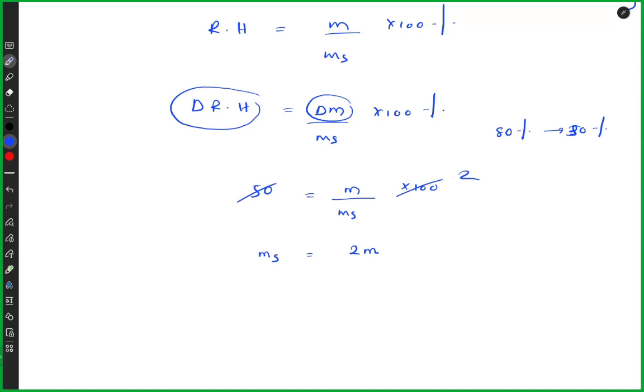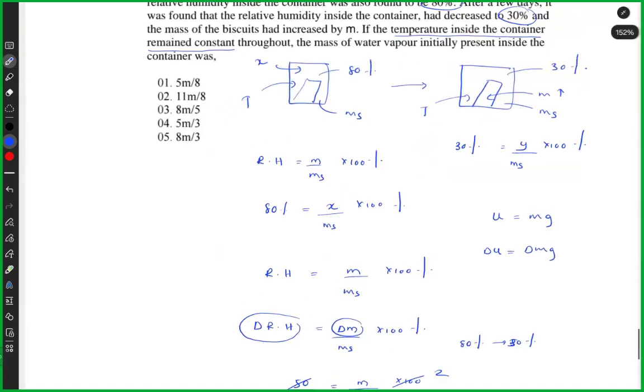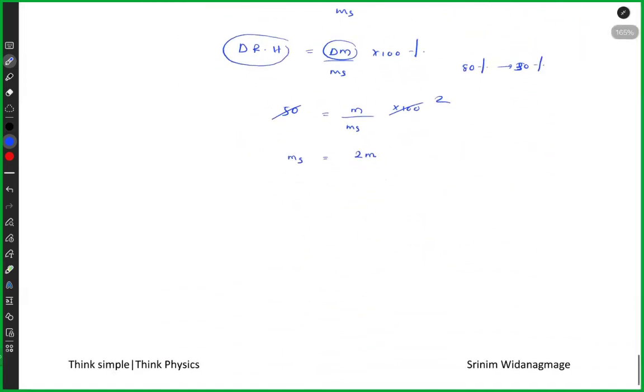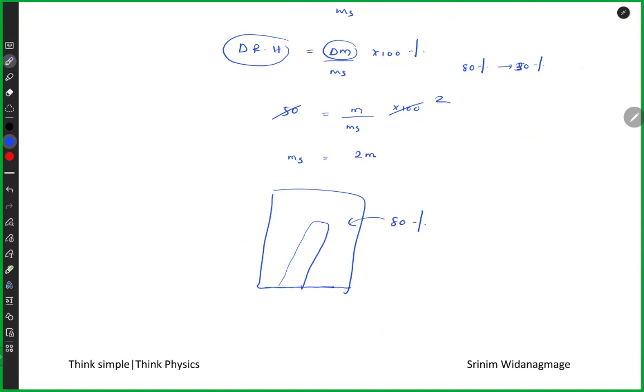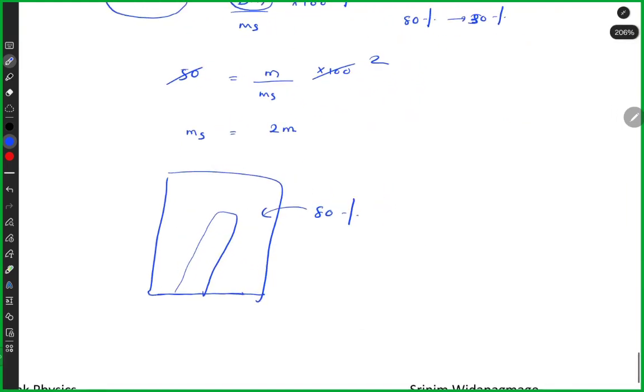In the question they're asking about the initial situation, when you have fresh biscuits which have not absorbed any water vapor. In that situation, we know the relative humidity is 80%. That's equal to mass available divided by mass to saturate, multiplied by 100%.